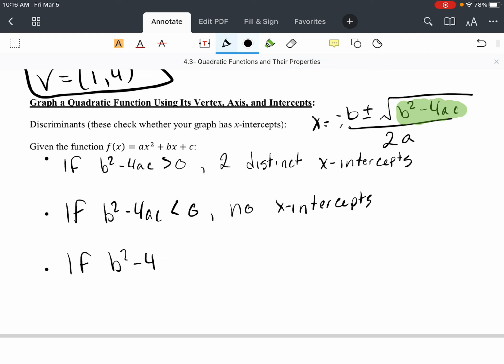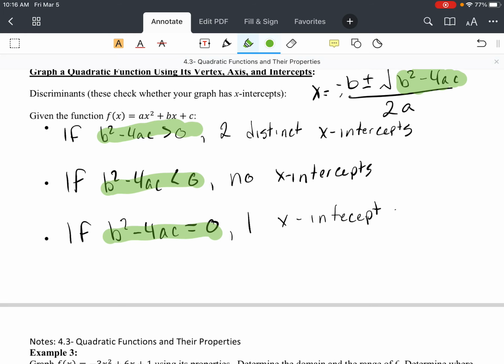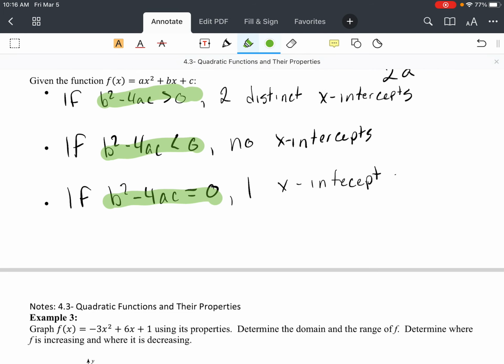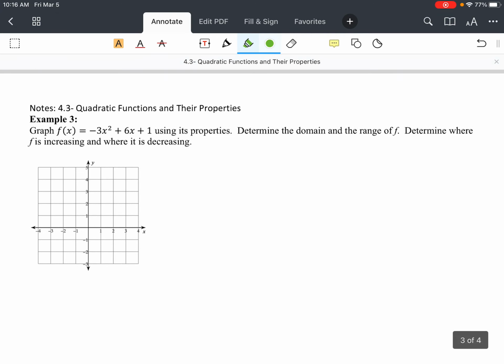And finally, if the discriminant is equal to 0, you have one x-intercept. So again, there are three cases: either it can be greater than 0, less than 0, or equal to 0. And this is how we're going to determine whether we even need to look for x-intercepts.